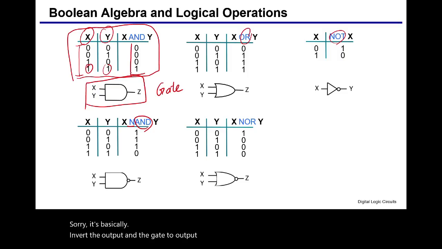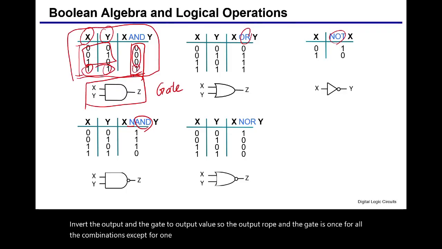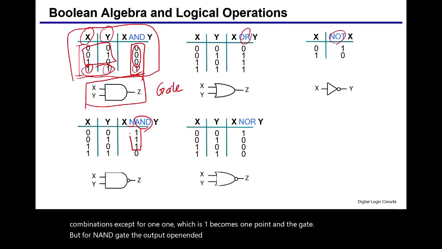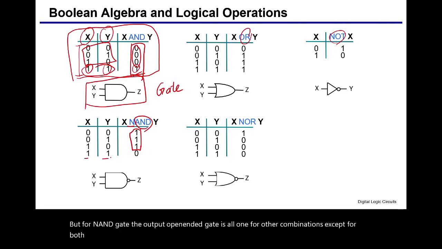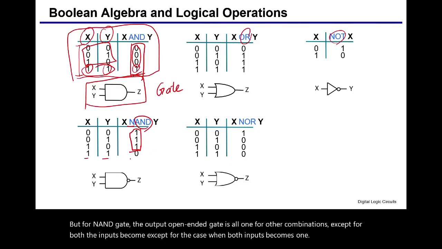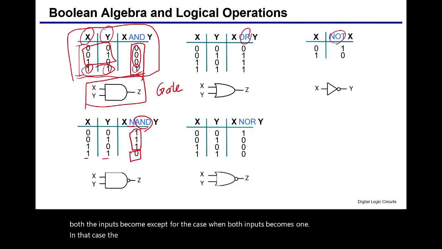The output of an AND gate is 1 only when both inputs are 1, and 0 for all other combinations. But for the NAND gate, the output is 1 for all other combinations except for the case when both inputs become 1, in which case the output becomes 0. So it's exactly opposite of the AND gate.